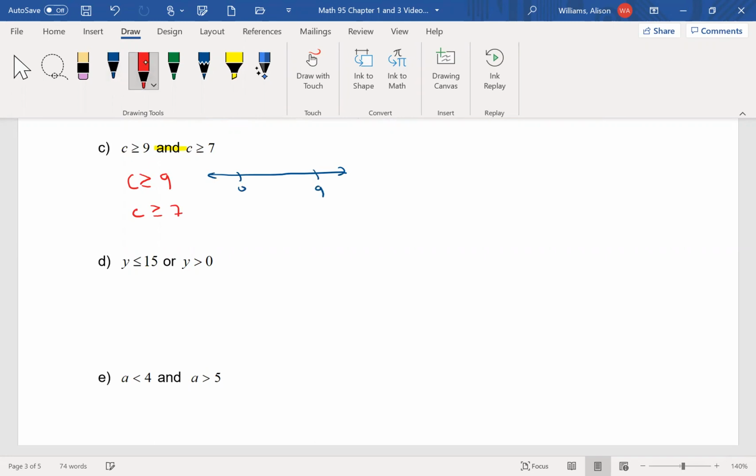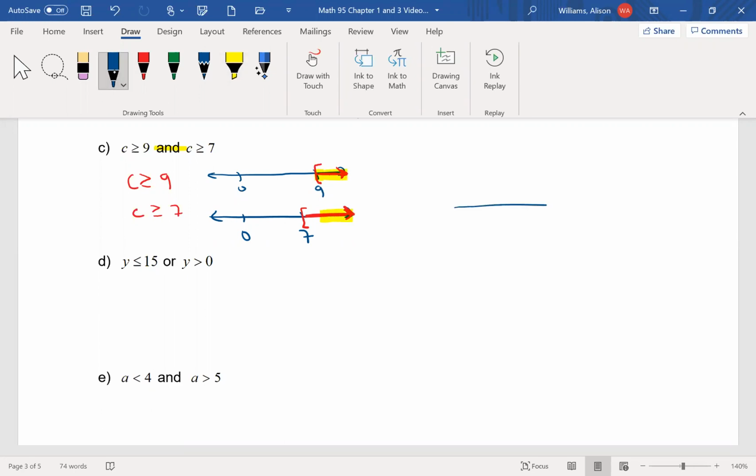If it's bigger than or equal to, it's going to be a bracket going to the right. For 7, it's going to start a little bit further to the left, and it's also going to be a bracket going to the right. Where they overlap, they start having things in common from 9 on.